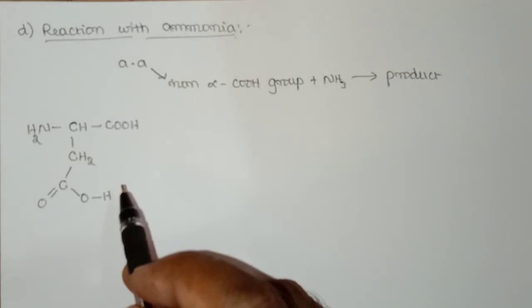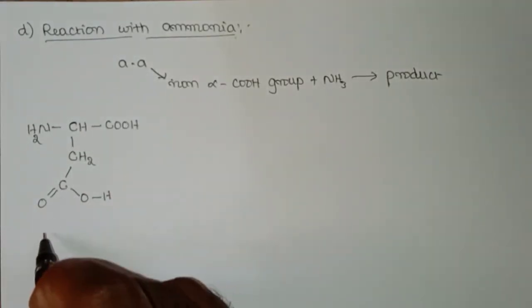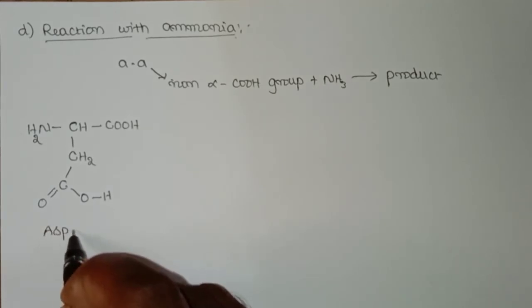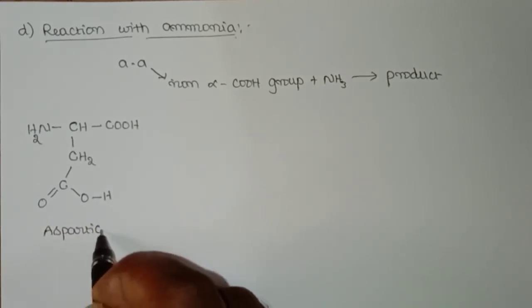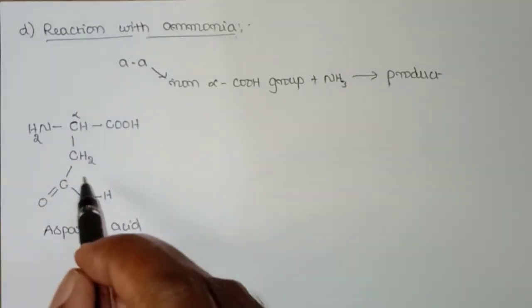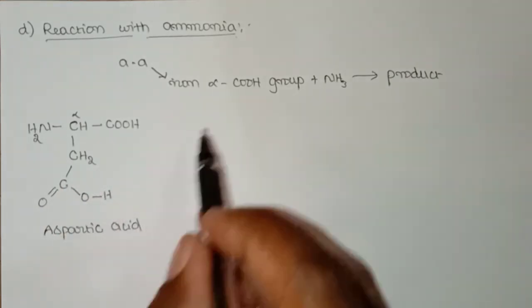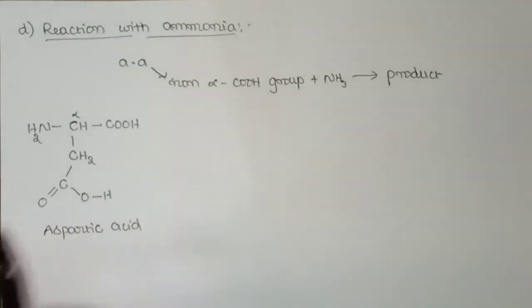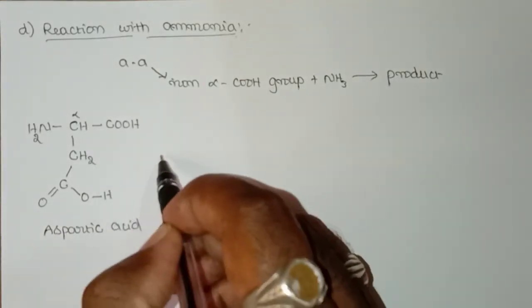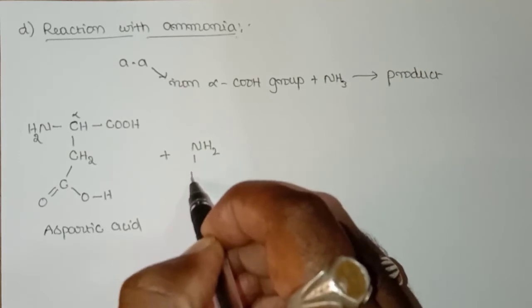The amino acid considered over here is the acidic amino acid, aspartic acid. Aspartic acid contains two COOH groups. One is the alpha COOH group and the other one is the non-alpha COOH group. Now the reaction is due to this non-alpha COOH group, and this aspartic acid is reacted with ammonia.